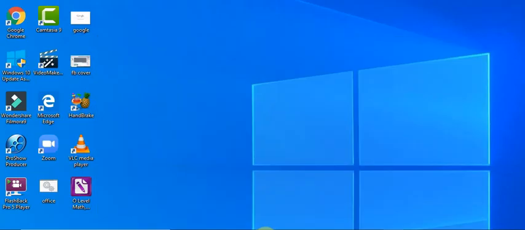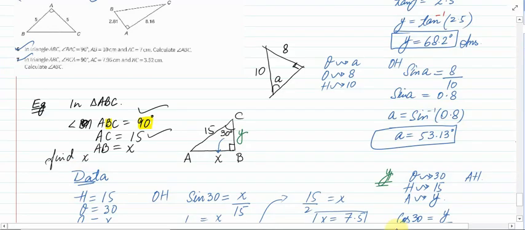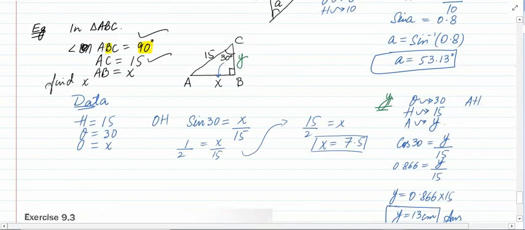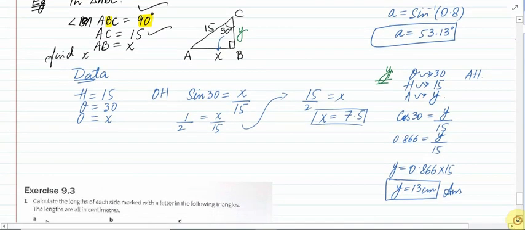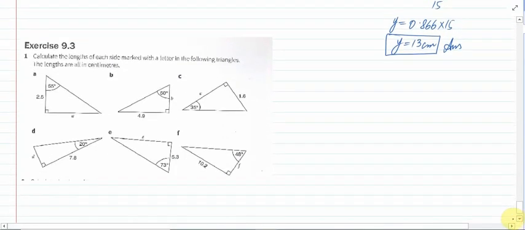Moving forward to the next question, new exercise. Now we are going to start exercise 9.3, and we have done such type of questions. In these questions, angle is known and side is unknown.